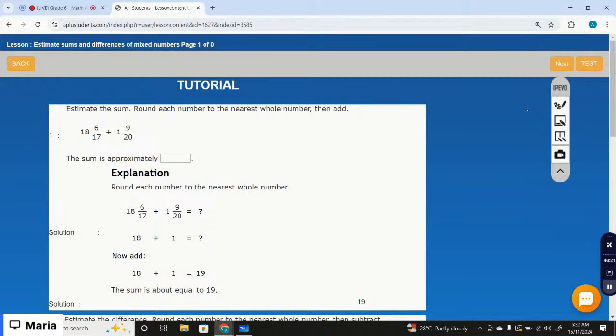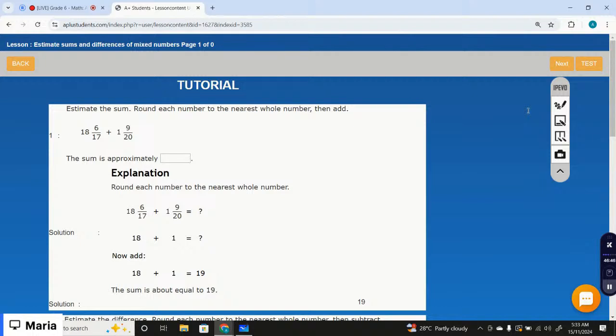Just look at the fractional part, 6 over 17. The fractional part is less than half, so that means you need to round down to the same whole number. It would be rounded to 18.